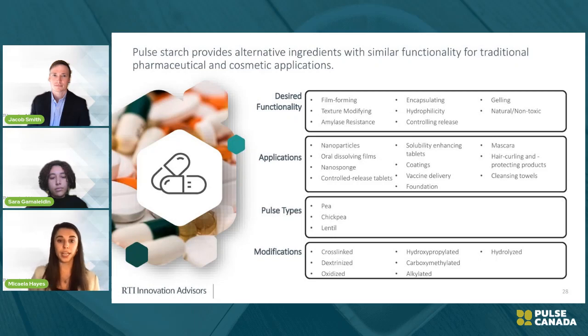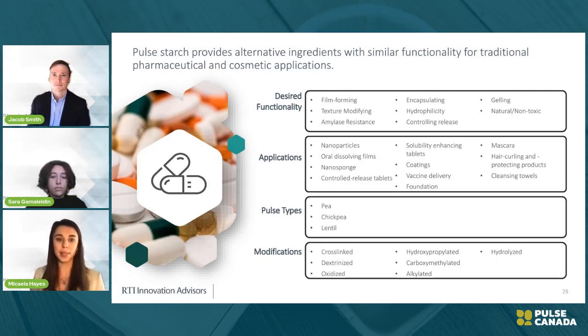So to start, this slide provides a high-level overview of pharmaceutical and cosmetic applications. Specifically, as we look at the utility of pulse starch for these end products, the gelling capacity of pulse starch that makes it advantageous for film forming is highly utilized in the pharmaceutical patents that we came across. In addition to that, the high amylose content and amylase resistance of pulse starches that allow for the controlled release of things such as active pharmaceutical ingredients, again, make pulse starch very advantageous within the pharmaceutical world.